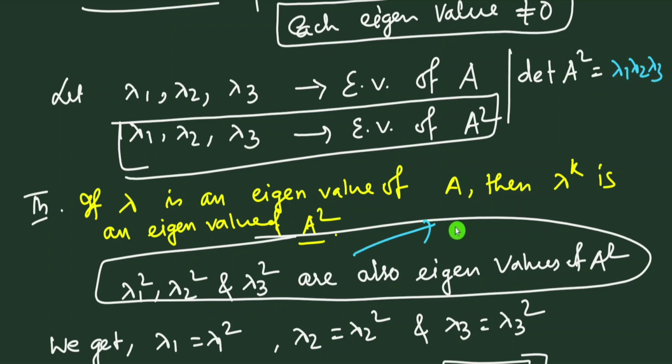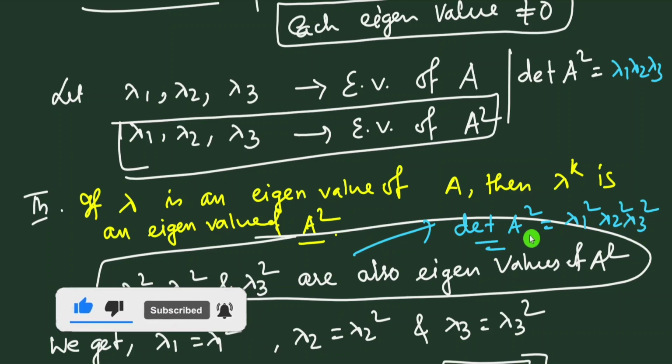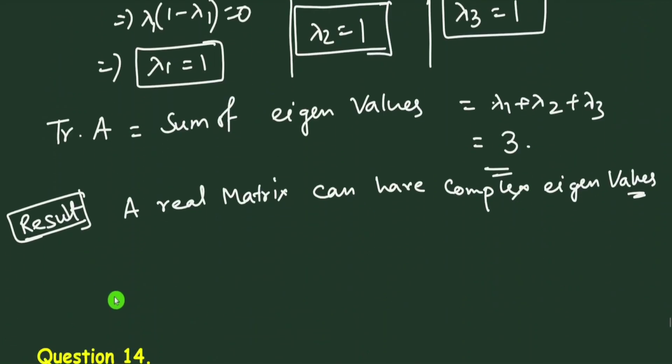Again, determinant of A square equals lambda 1 square, lambda 2 square, and lambda 3 square. These two are equal, that means lambda 1 lambda 2 lambda 3 equals lambda 1 square lambda 2 square lambda 3 square.